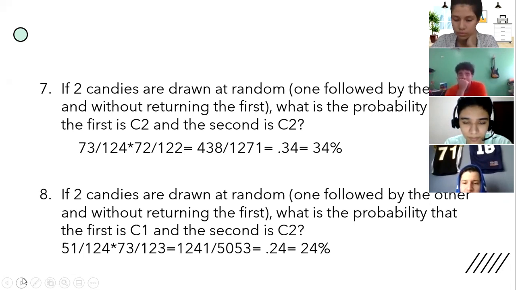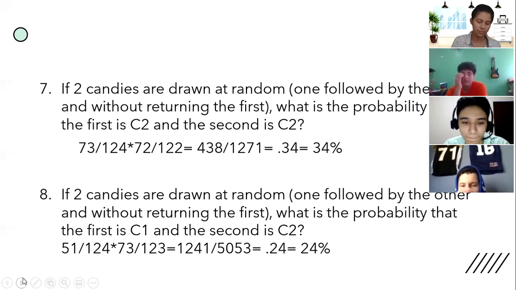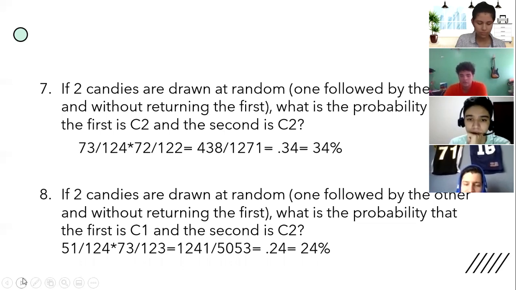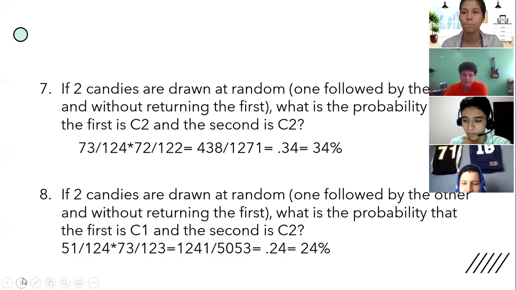Here we need to divide 51 out of 124, and multiply by 50 over 123. It equals 425 out of 2,542. That equals 0.16, and the final answer is 16%.